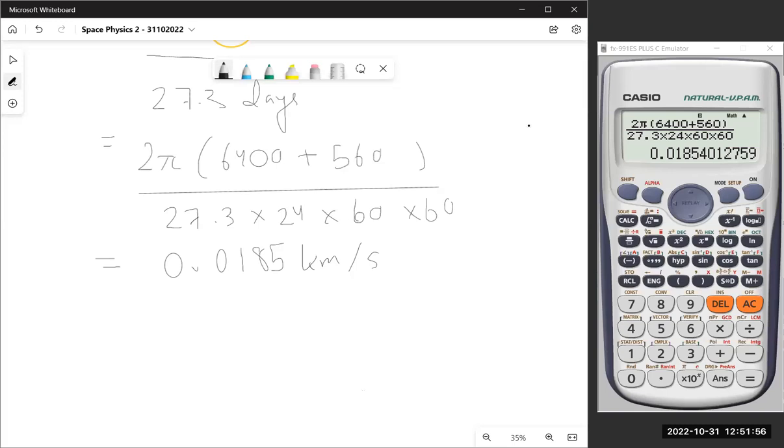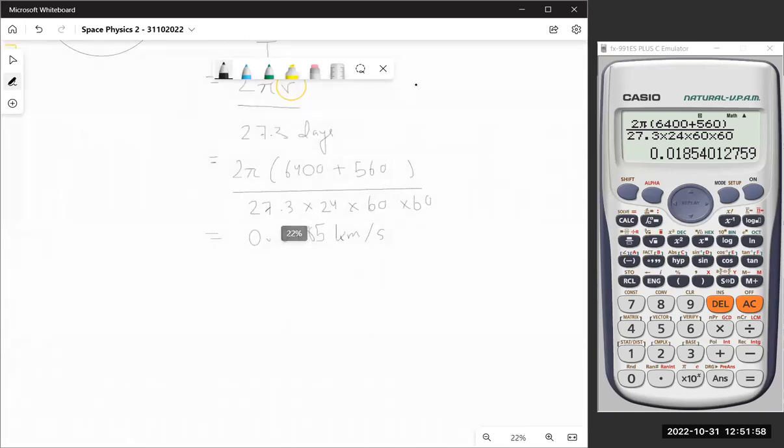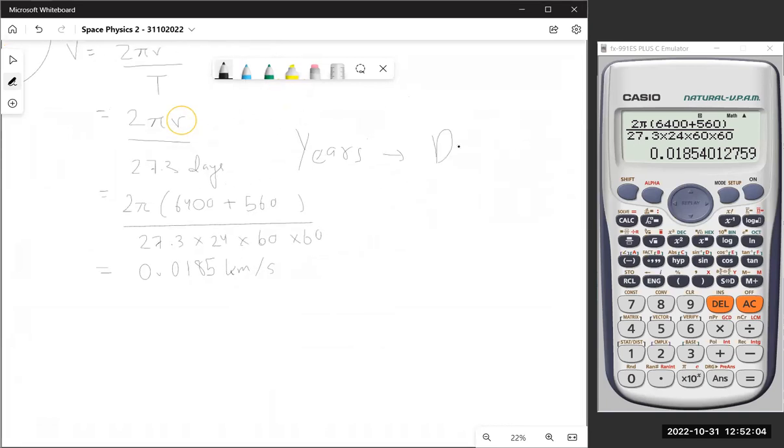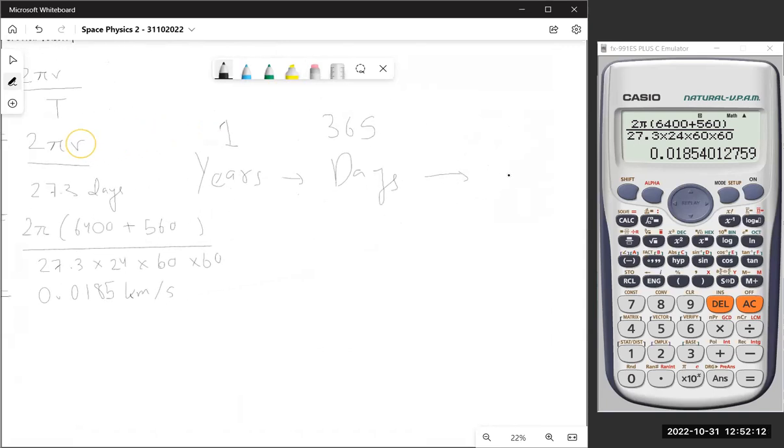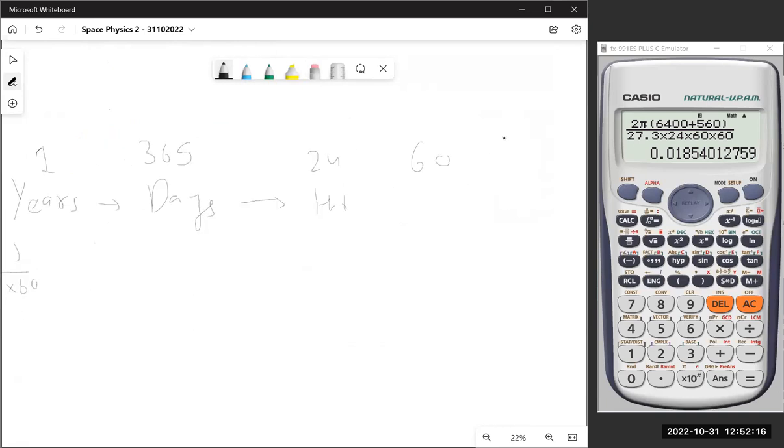Now, what if you have to convert years into days? Well, we know that 1 year is 365 days. In the same way, we'll multiply all of this into hours, which will give me 24, then 60, and then 60 for seconds.